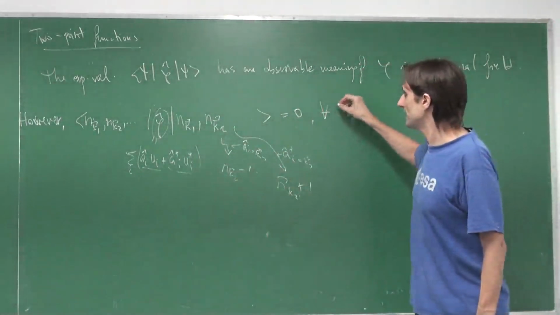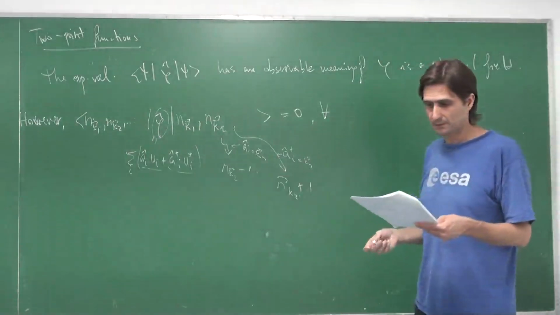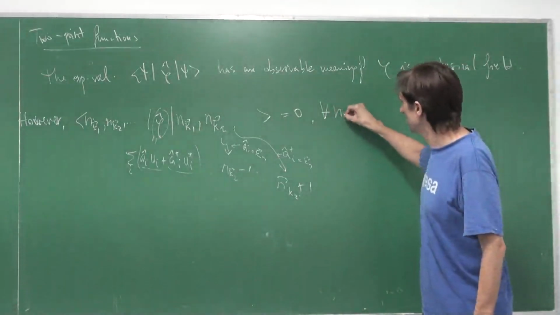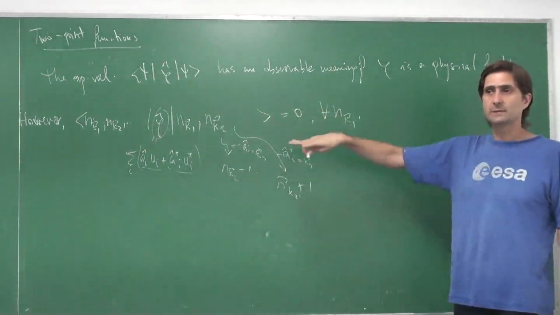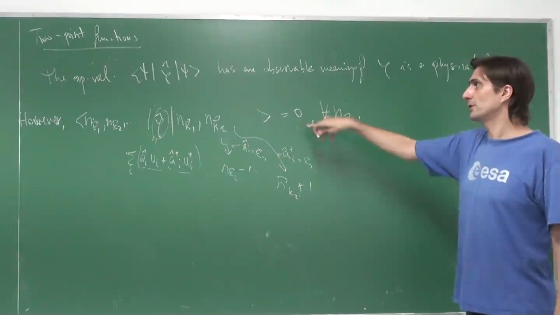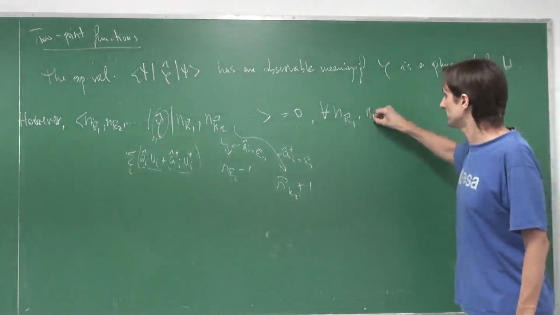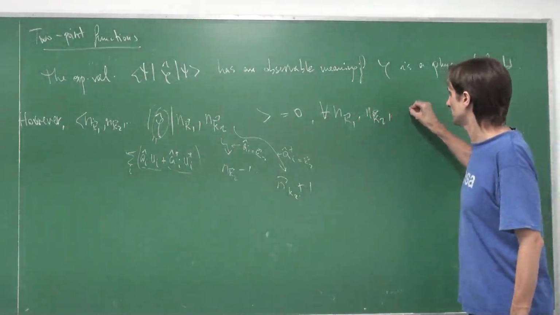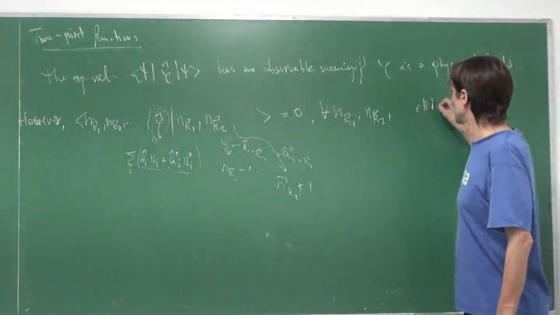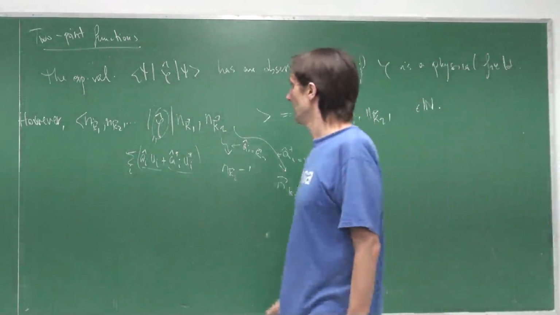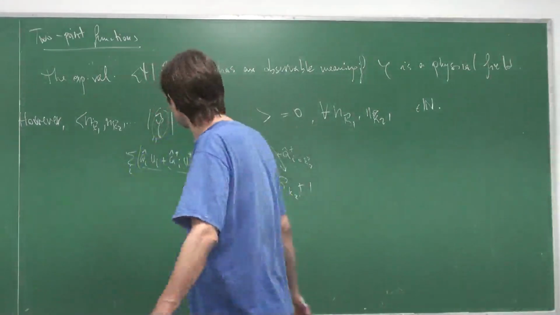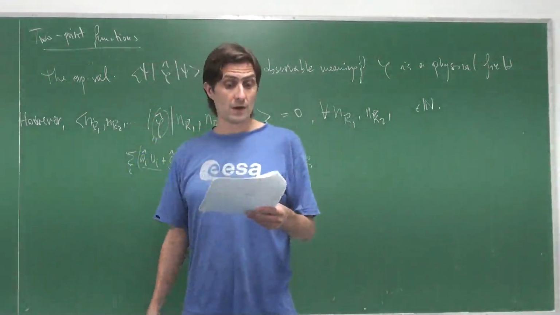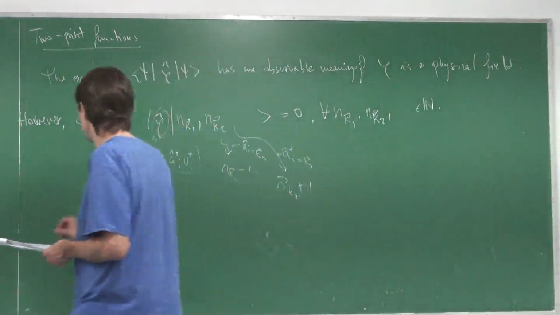And this is for any state with any number of quanta for each one of the momenta. So the expectation value of the field is 0, but the expectation value of the field squared is not 0.